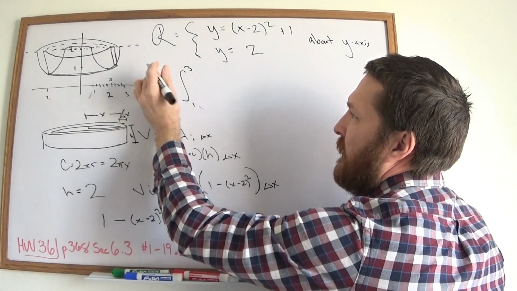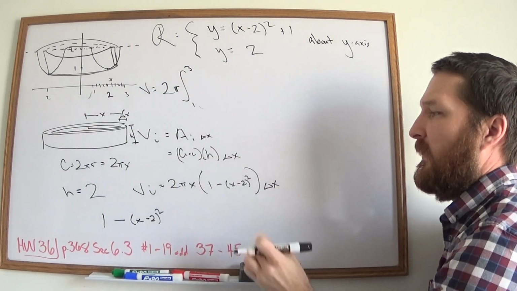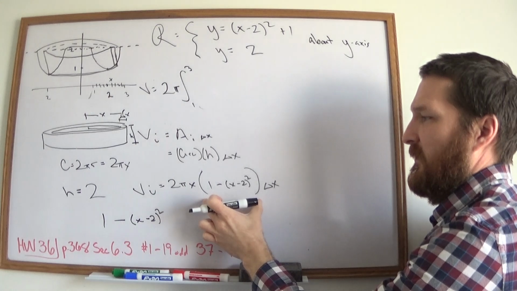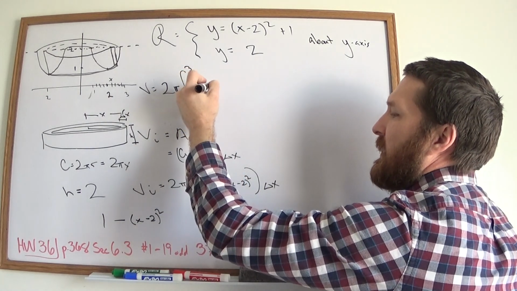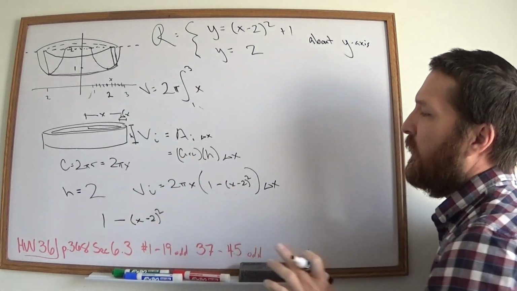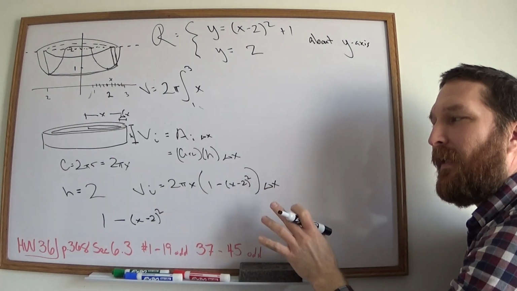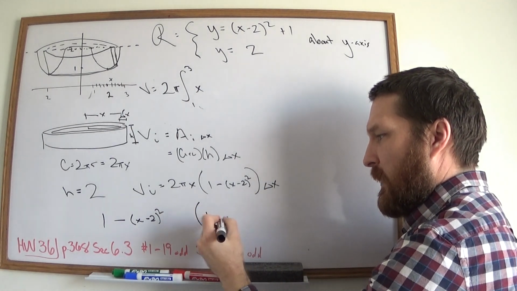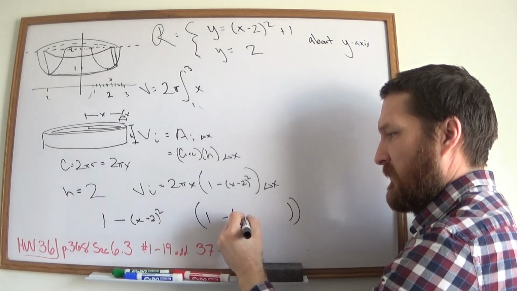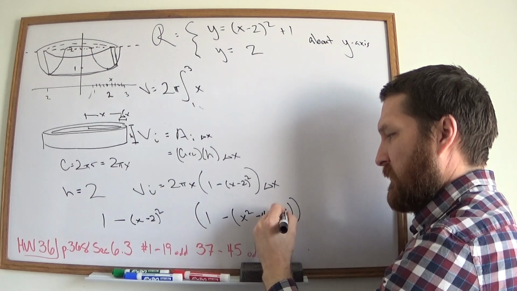Let's go ahead and, because I'm about to do an integral, multiply this out. That's 1 minus, what do I get when I square that out? x squared minus 4x plus 4.